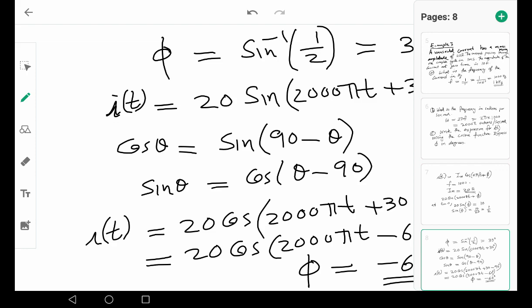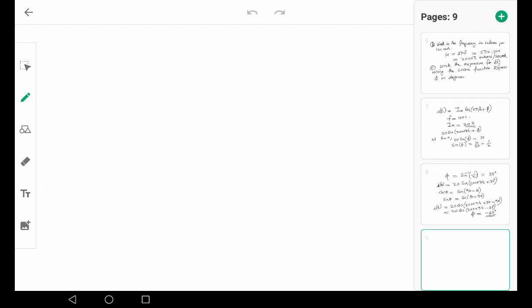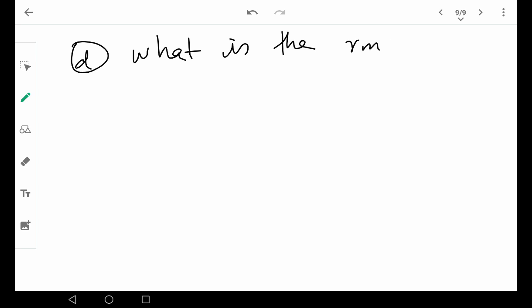Now we will see what is the RMS value, for question number D. Question number D is, what is the RMS value of the current?